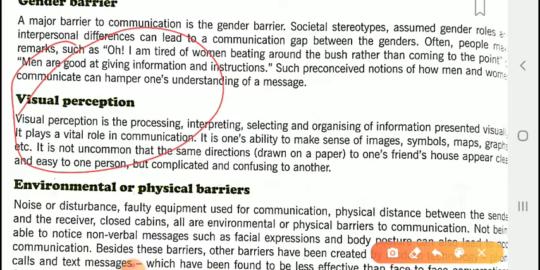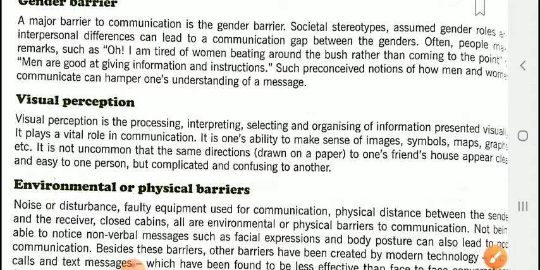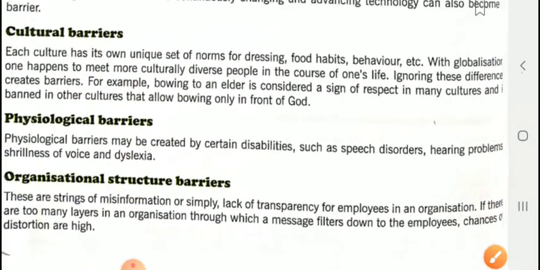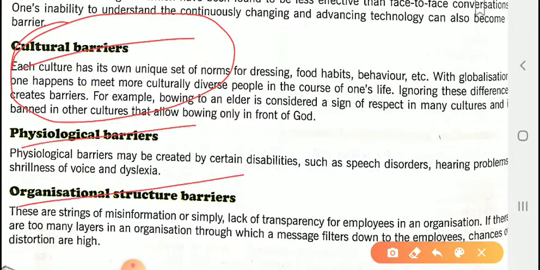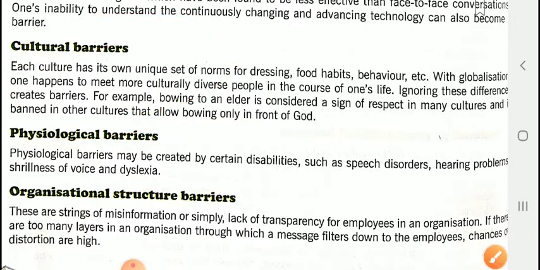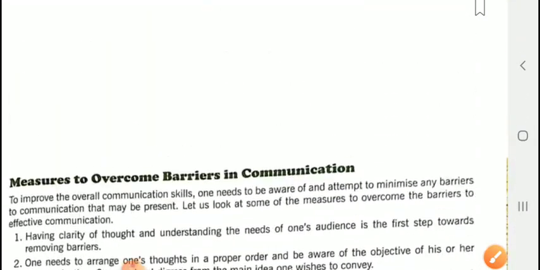Then visual perception, what is the perception about that particular person, it also acts like a barrier. Then environment or physical barriers, some people belong to other places, then you have some hesitation to talk to him. Then cultural barriers, psychological barriers, and organizational barriers, these are the main barriers.